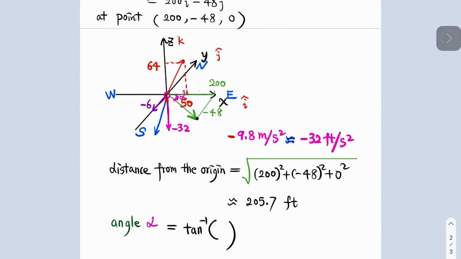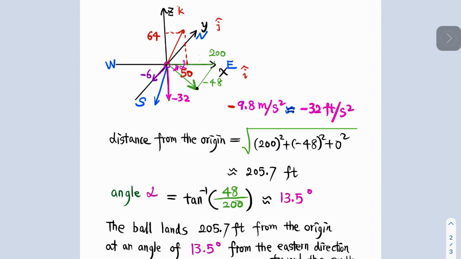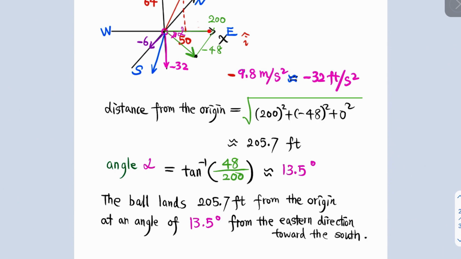And we know that it's going to be a negative angle, so let's just ignore the sign and put 48 over 200, which is about 13.5 degrees. We can conclude that the ball lands about 205.7 feet from the origin and at an angle of about 13.5 degrees from the eastern direction toward the south.